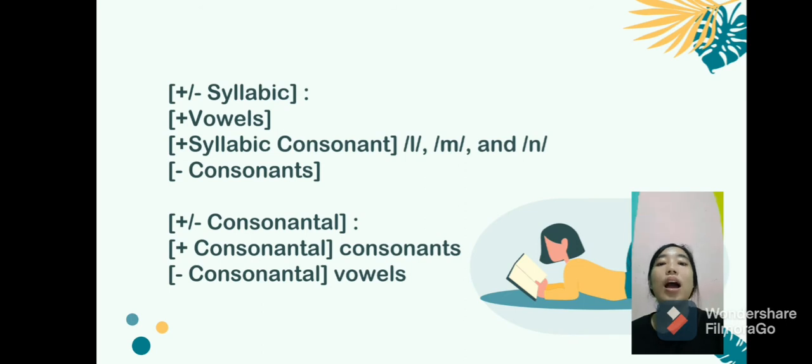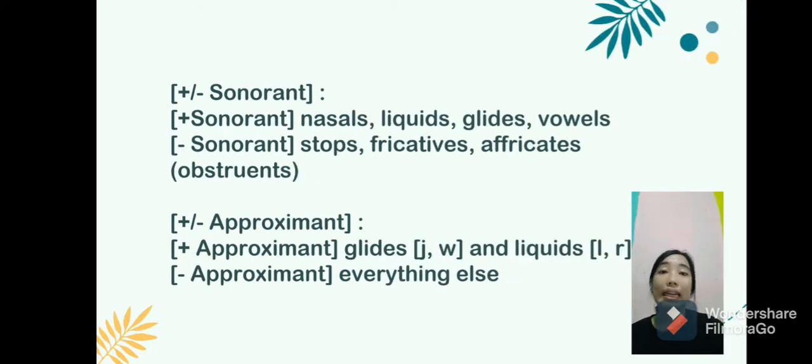The second one, I will talk about sonorants and non-sonorants. In Indonesian, we know it as nyaring dan tidak nyaring. So, how are sonorant sounds produced? They are produced with a vocal cavity disposition which makes spontaneous voicing easy.